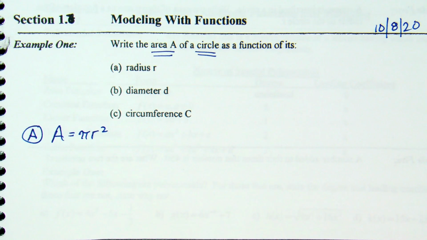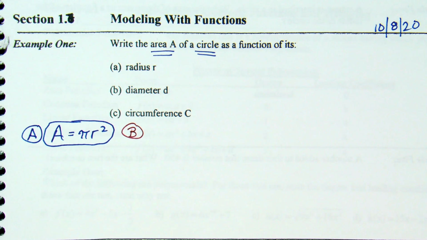Now B ask us to change it up, though, and write it using diameter. So, this is where we have to connect. This formula here uses radius. So we need to, what's the connection? Okay, so radius is half the diameter, and you're on another topic, so hold that thought.